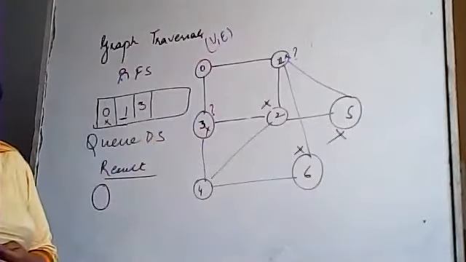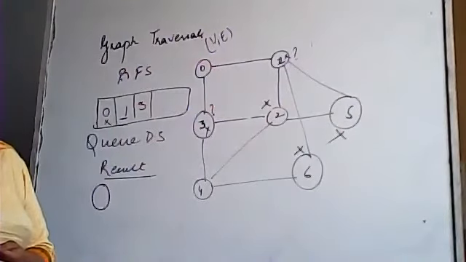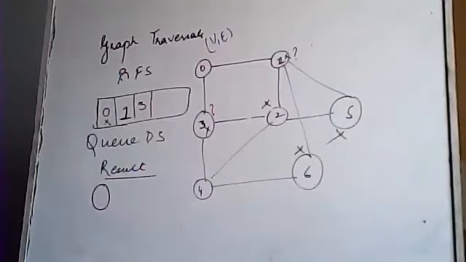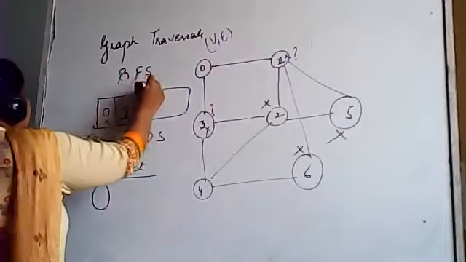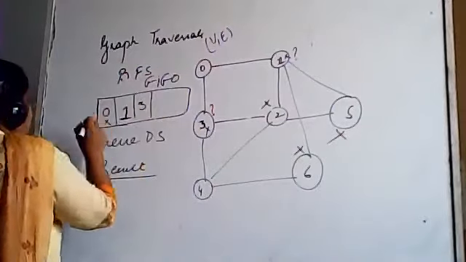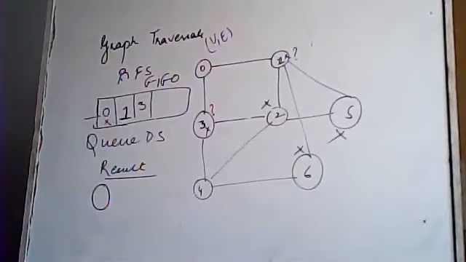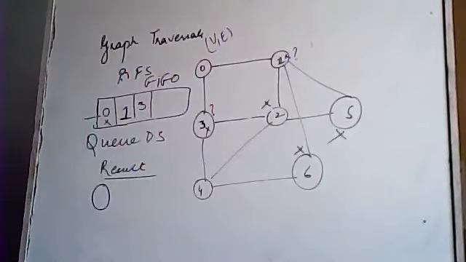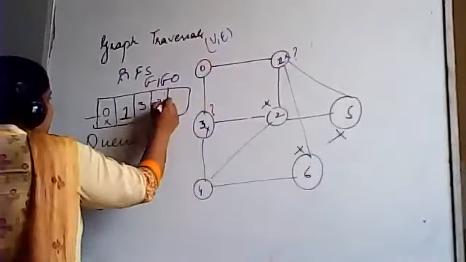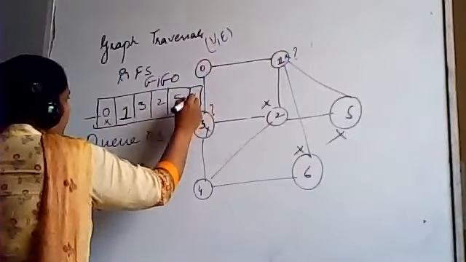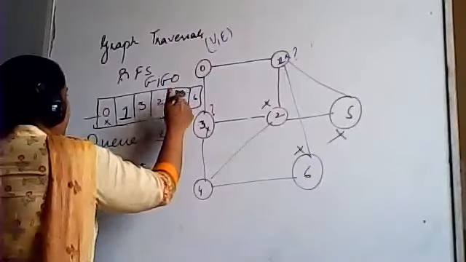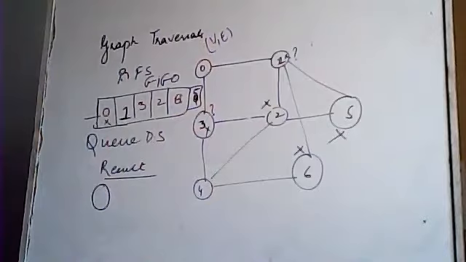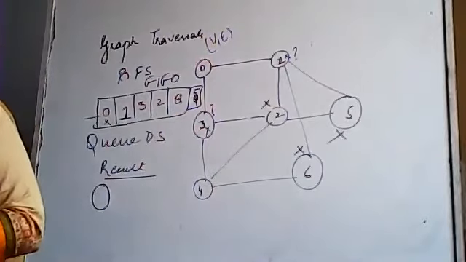Which principle does the queue follow? Why? FIFO, first in first out. 0 is processed, so we removed it. Now we will be processing the first vertex, so put all its directly connected vertices into the queue. 2, 6 and 5, or you may put 2, 5 and 6, that is your design. You can put it in any order. The idea is to process the directly connected vertices.